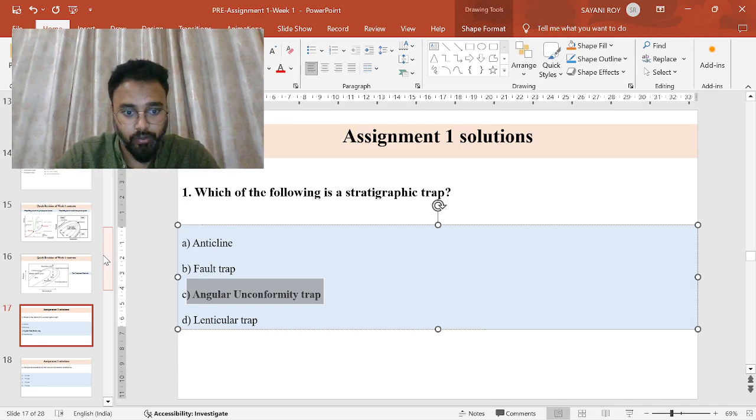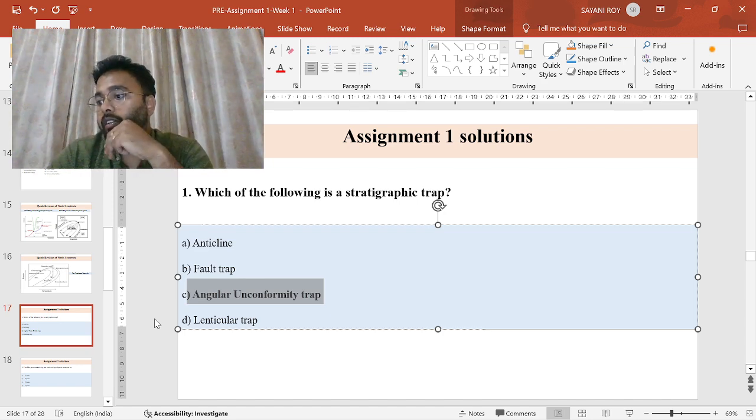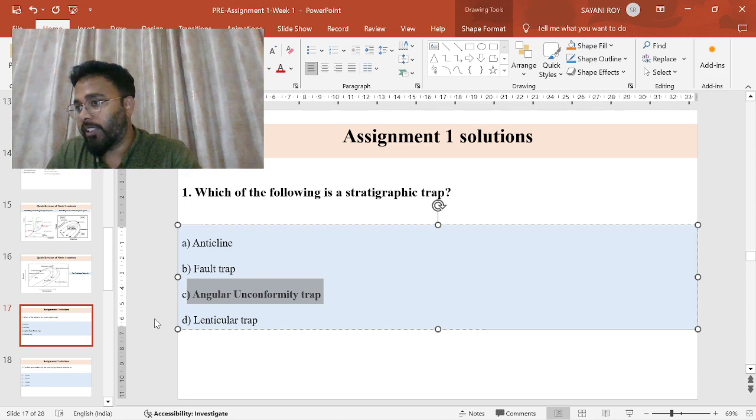Sir, but won't D also be the right option? I mean, a lens is almost like a lenticular trap, right? Lenticular trap. Just one second. Check.